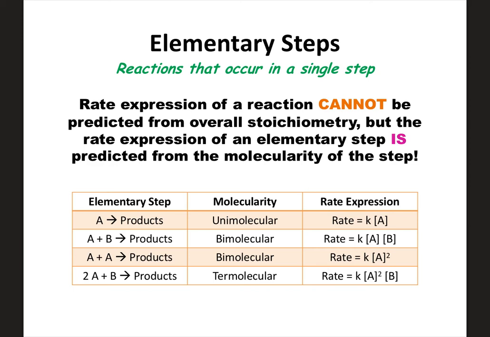You can write the rate law based on the stoichiometry of elementary steps, but you cannot do that on an overall balanced equation. Likewise, if we had A plus B going to products, this would be bimolecular. Because this is an elementary step, you just look at the reactants and write the rate law: rate equals k times the concentration of A times the concentration of B, both raised to a power of 1.